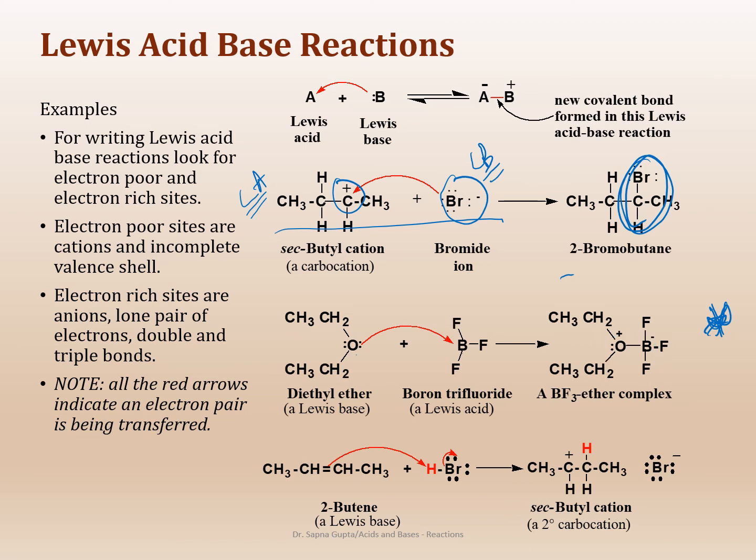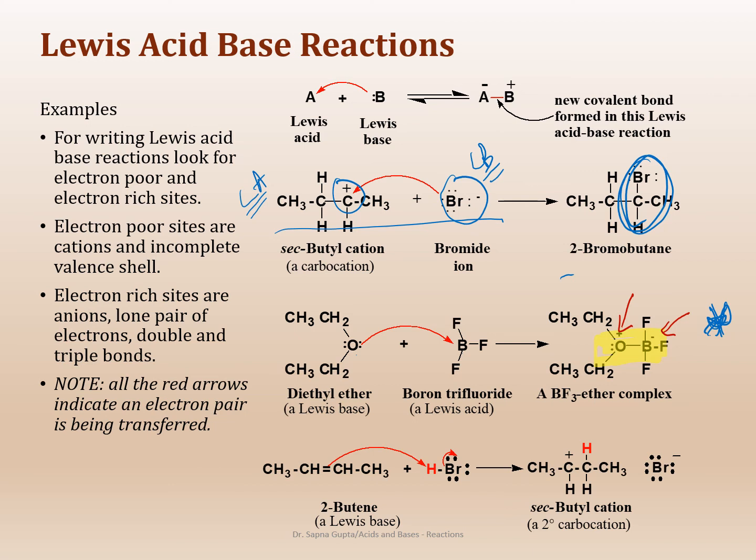But don't worry about weird. You have to worry about being right. So here is the bond. The other thing you have to note is that because oxygen gave its electrons away, oxygen now has a positive charge. Boron accepted the electrons, so it has a negative charge. There is still that bond between oxygen and boron, and that is the reaction that happened.